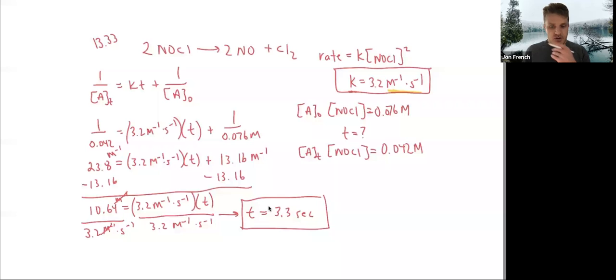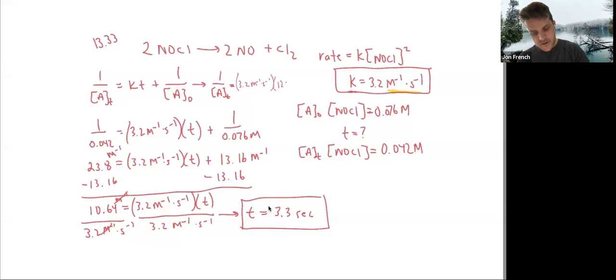And then once we have question 33 done, question 34 from the previous question: what will be the concentration of nitrosyl chloride after 125 seconds? So now, it's a little bit different in that right now we're looking for 1 over my concentration equals my rate constant, 3.2.